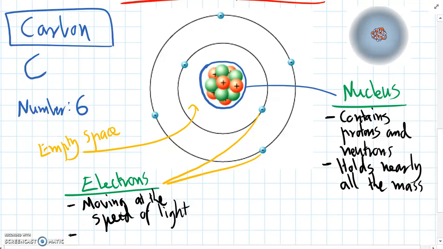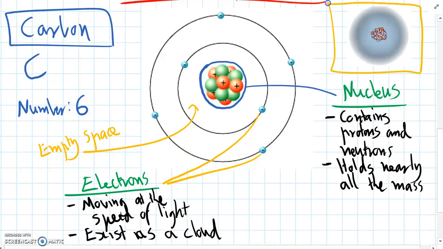And really, these days, the more accurate way to think of electrons is that they exist as a cloud of electrons. So they're never really in one place, but we can see up here in this picture, we think of them as just being in that space.